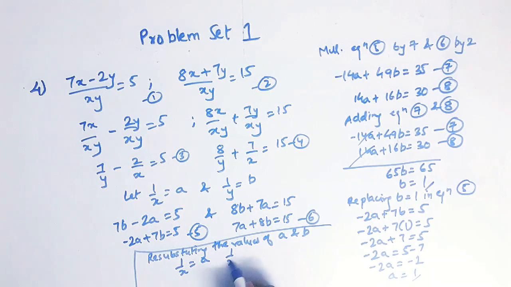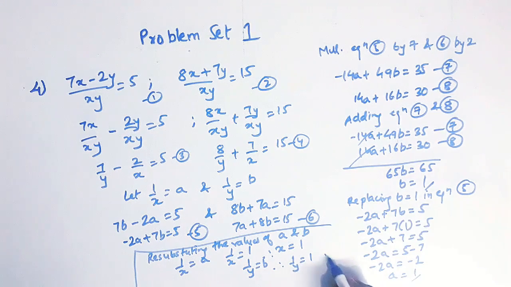Okay, so 1 upon x is equal to 1. Therefore, if we cross multiply, we will get x is equal to 1. Okay. Similarly, 1 upon y equals to b. So 1 upon y equals to 1 because b is 1. Therefore, y is also 1. So we got this, x is 1 and y is also 1. Okay, very simple.